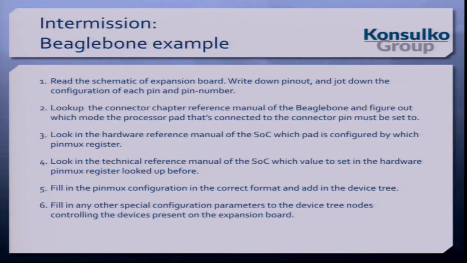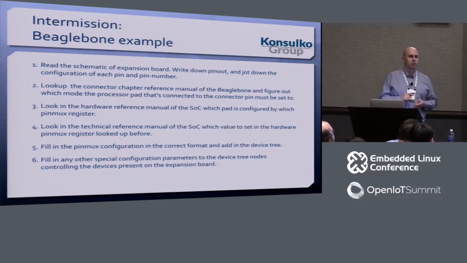Then you have to go to the reference manual of the BeagleBone, figure out which mode you have to put that pad pin in order to work. You have to then go to the hardware reference manual of the specific SoC, figure out which pin mux register applies, and then you have to switch manuals, go to the technical reference manual of the SoC, and find out what pin mux value you have to configure to the device tree entry for the pin mux.